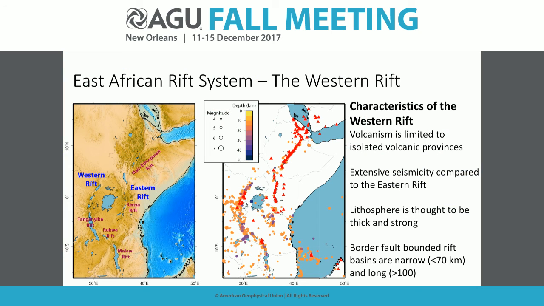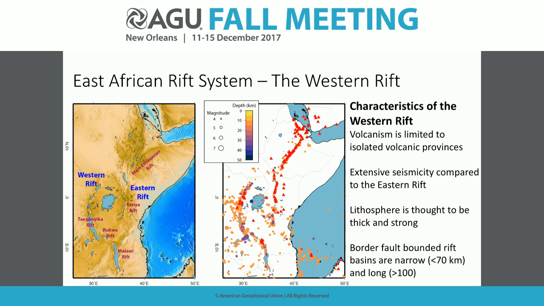Great. And so we're moving further south in the East African Rift system, and I just wanted to give us a brief overview of the characteristics of the western and eastern branches. I'm showing topography on the left, and then a comparison of volcanism and seismicity on the right between the western and eastern rifts. What I'd like you to take away here are the differences between the two.